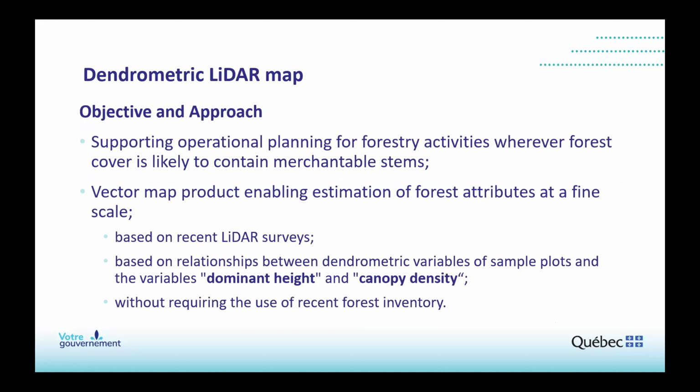Our approach is based on a recent LiDAR survey, and on the relationship between the dendrometric variables of sample plots and the variables dominant height and canopy density. The creation of this map does not require the use of a recent forest inventory.